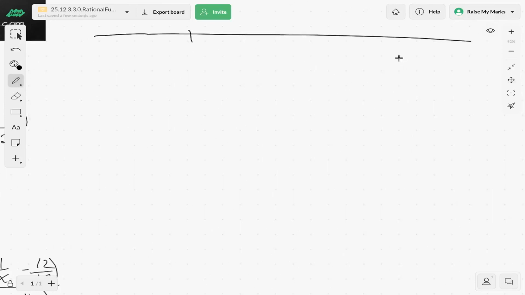Okay, so we have our x-intercepts. Let's see. Yes, that's right: -4 and 3. And then we have our vertical asymptotes, when x equals -2 and x equals 2. And these points are going to create our intervals on the real line.